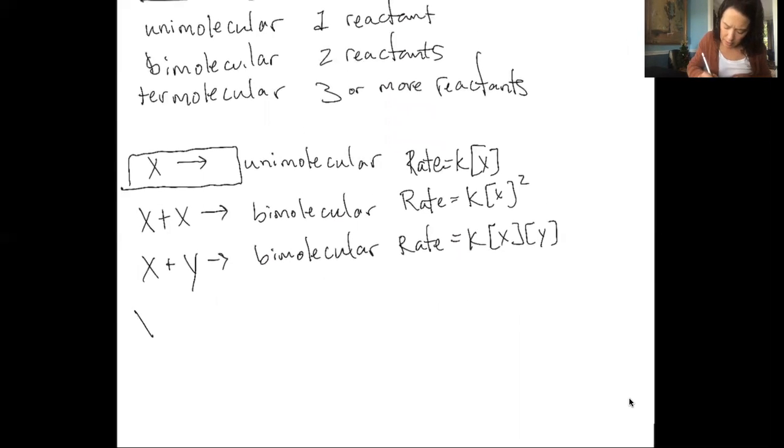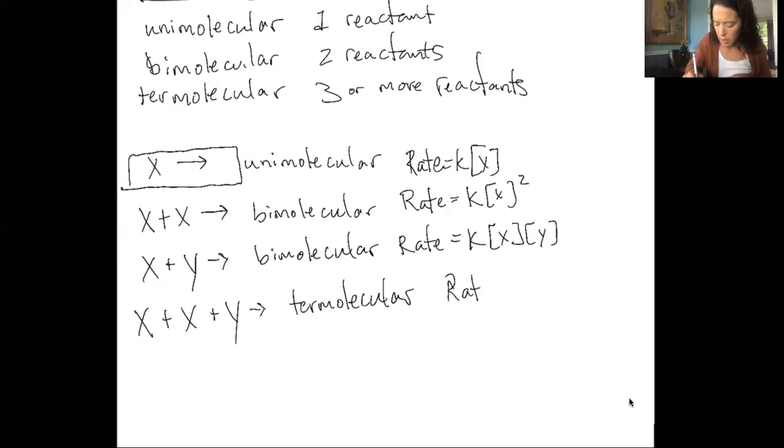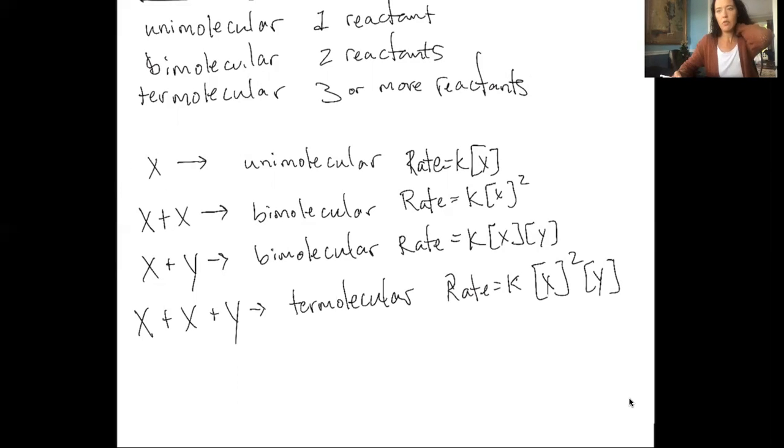Let's say 2X plus Y. This is termolecular, and the rate is equal to k, our constant, times [X] squared, since there are two X's, times [Y]. So all we're doing is taking our elementary reactions and writing a rate law from them by looking at the reactants and their coefficients. The coefficients turn into the orders of the reaction, okay?